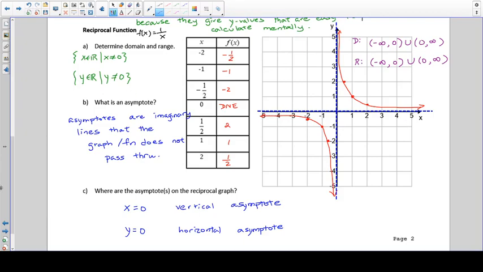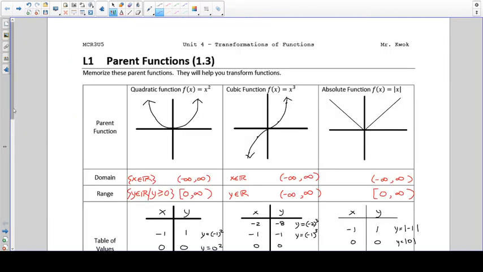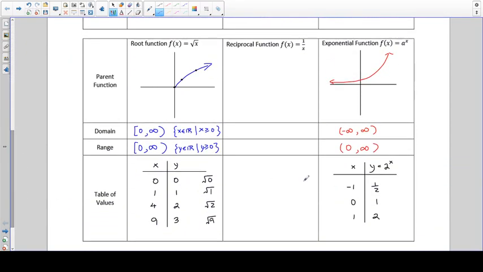All right, so let's bring this whole thing back over here. Whenever someone asks you to draw a reciprocal function, you should automatically draw something like this.